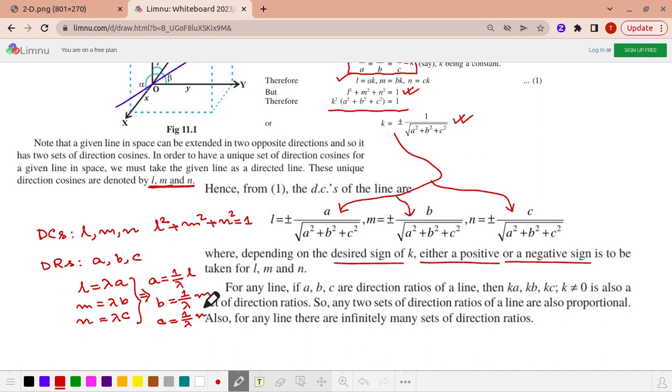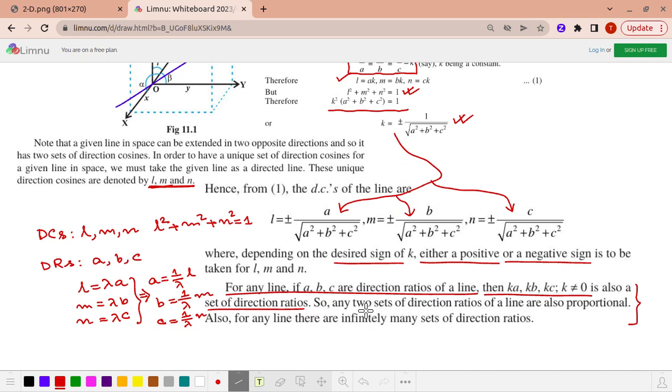But the value of l, m, n is unique for a directed line. But for that same directed line, the value of a, b, c can be different. And this is actually explained in a slightly different manner in this one. For any line, I read it out and explain. For any line, if a, b, c are direction ratios of a line, then ka, kb, kc, where k is not equal to 0, is also a set of direction ratios.